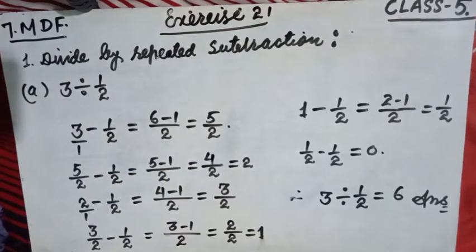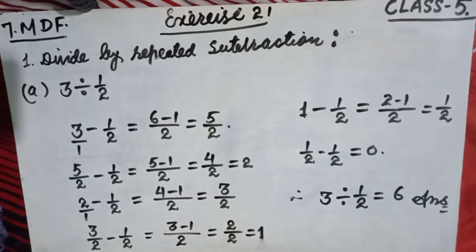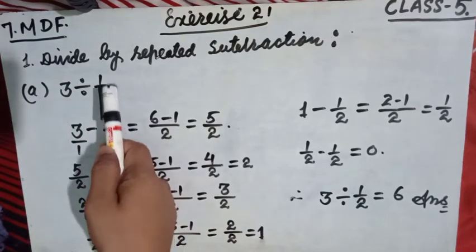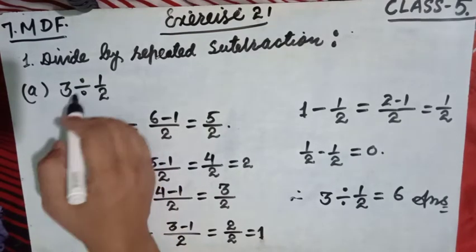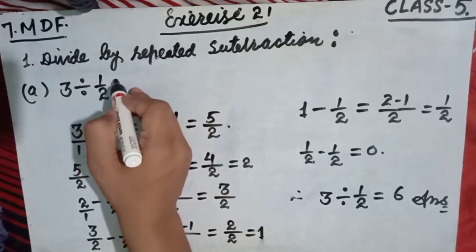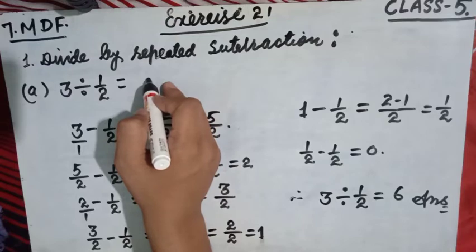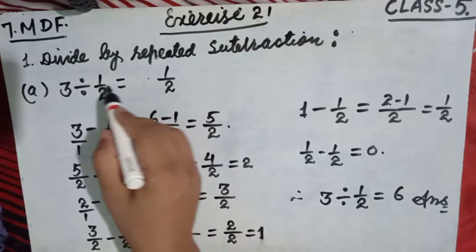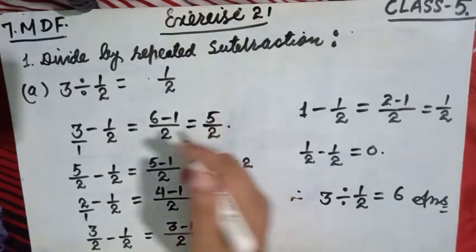One thing is important that we have to understand about this question. If you want to divide any whole number by a fraction, that means 3 divided by half, 1 by 2, it is nothing but the number of times 1 by 2 can be subtracted successively from 3.